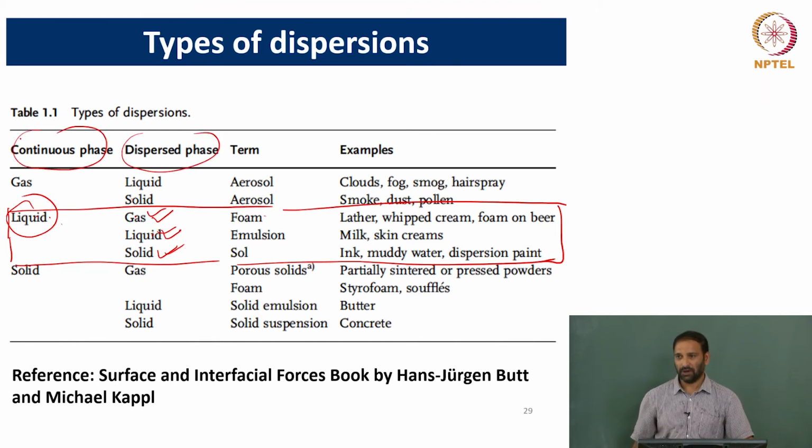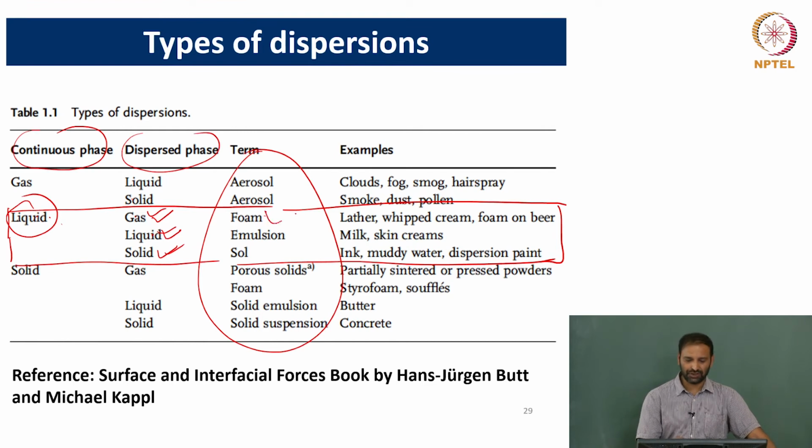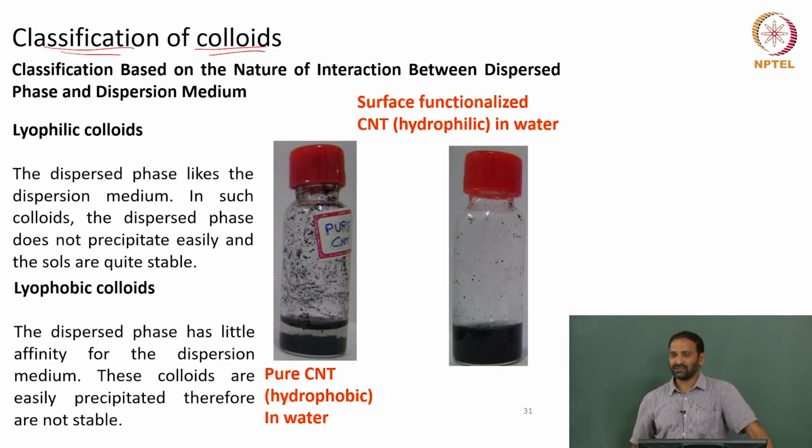Classified that way, I can put them into several different classes like emulsions, foams, sols, aerosols, things like that. The other way of looking at classification is based on the nature of interaction between the dispersed phase and the continuous phase.